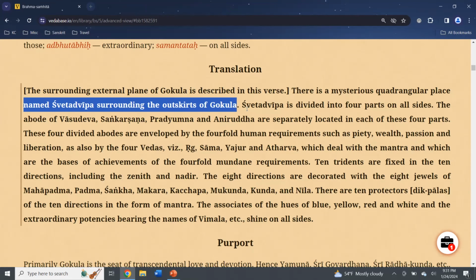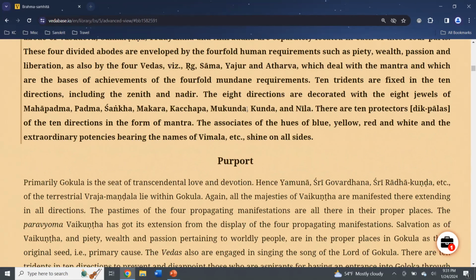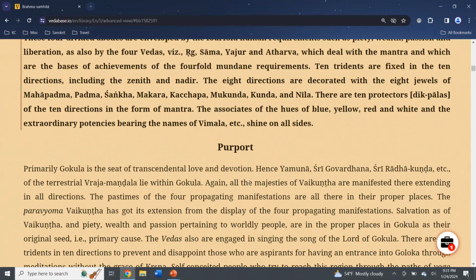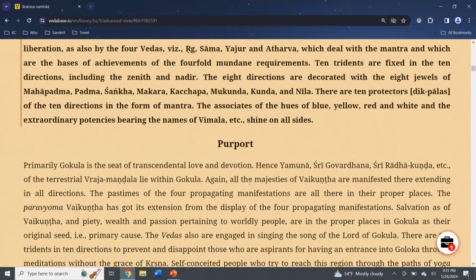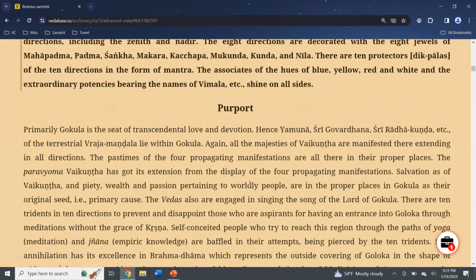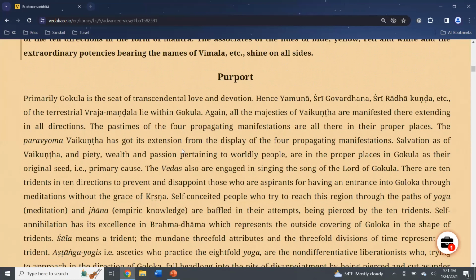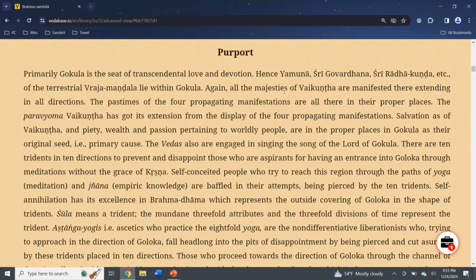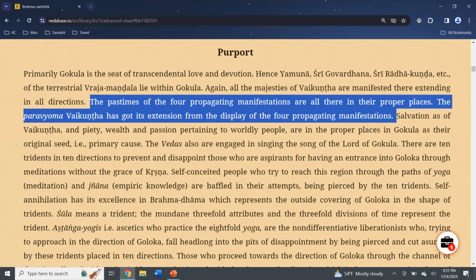Yeah, but the language used is that the abodes are enveloped by the fourfold human requirements. That means these are inside these four puruṣārthas. Correct. So let's go to the purport. In the purport, he mentions here that the pastimes of the four propagating manifestations are all there in their proper places.